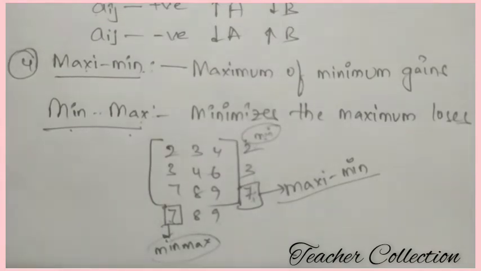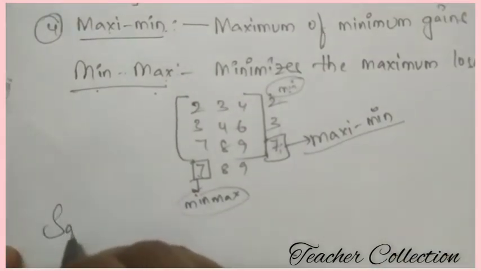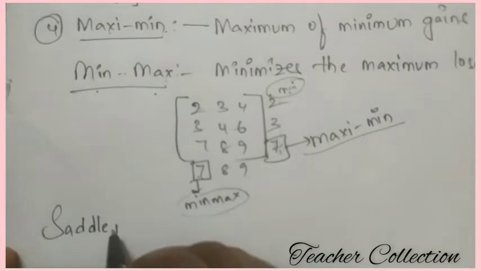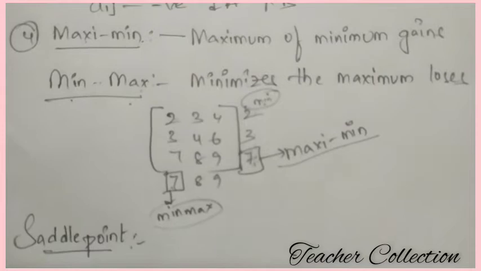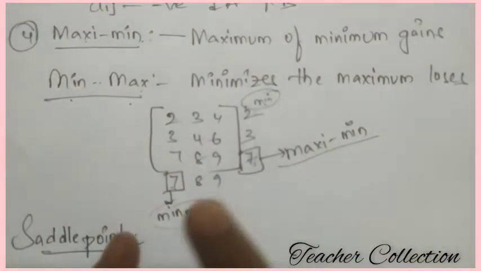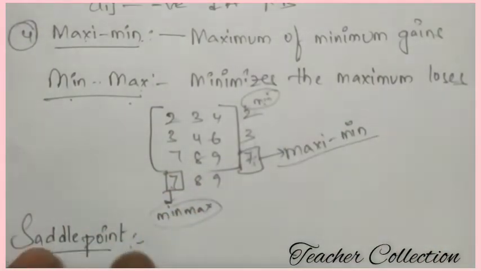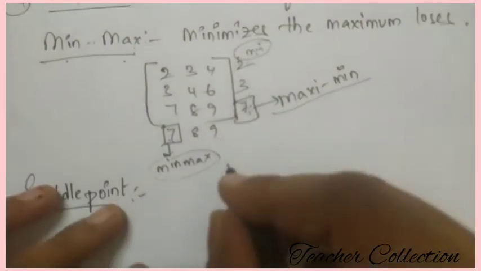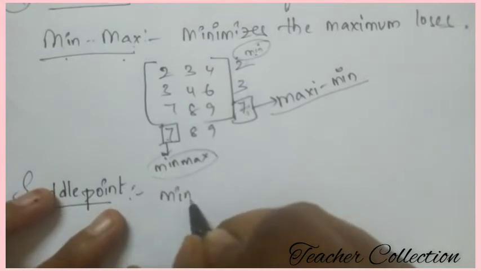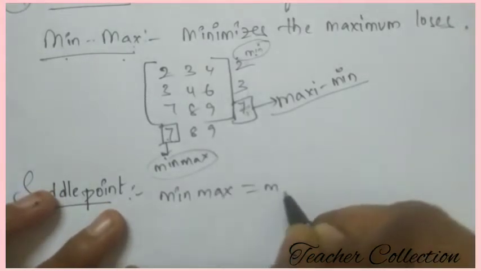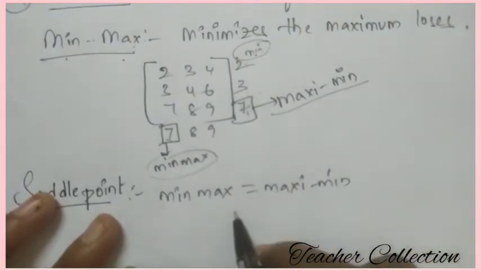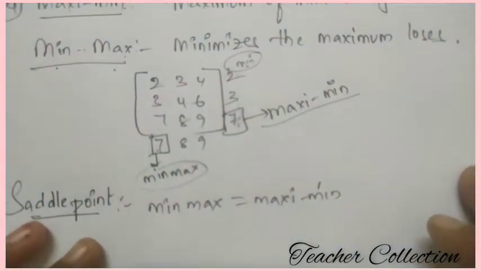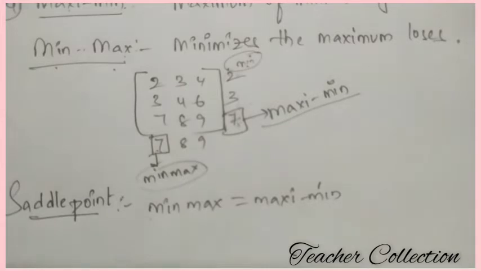Now the next topic is saddle point. This is the main topic. In a game, if the maximin and min-max values are equal, then the game is said to have a saddle point. If both values are the same, then we call that the game has a saddle point.